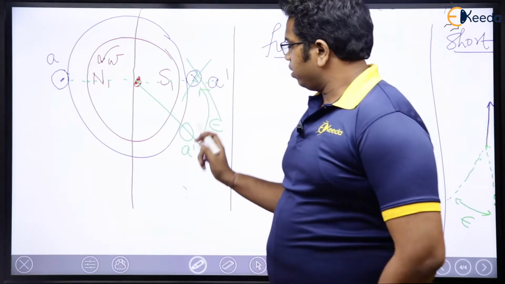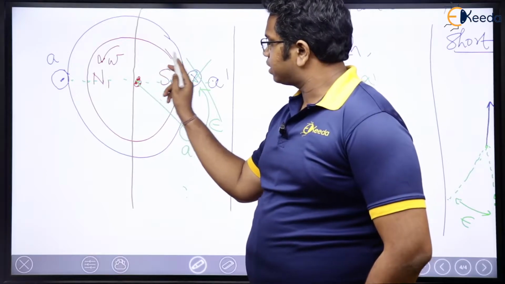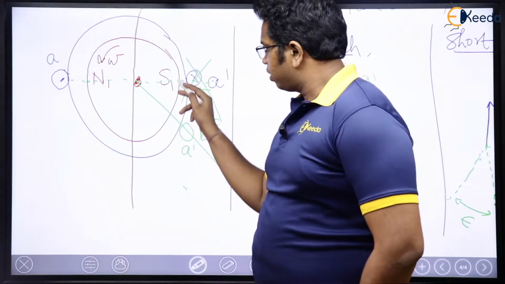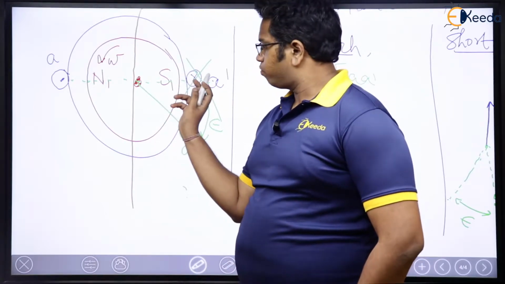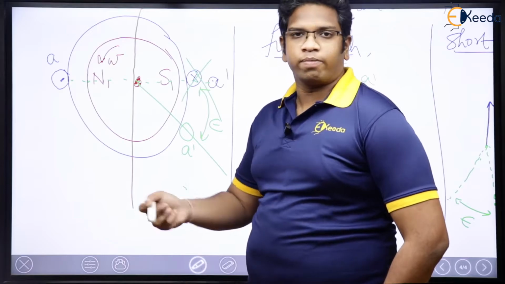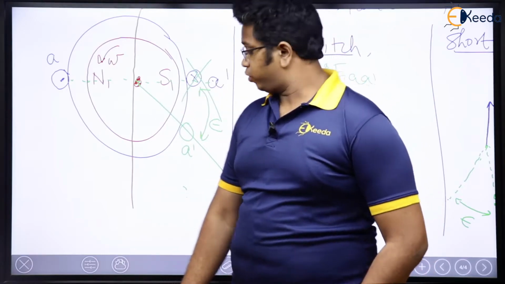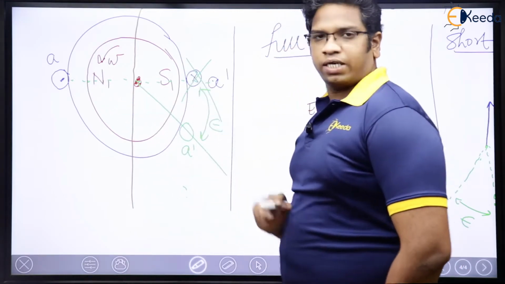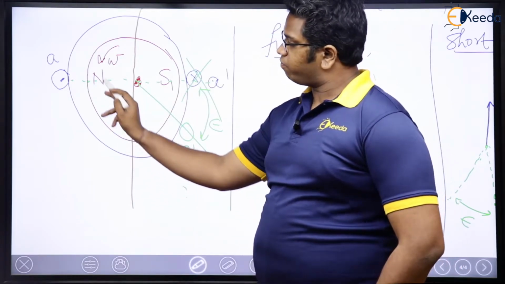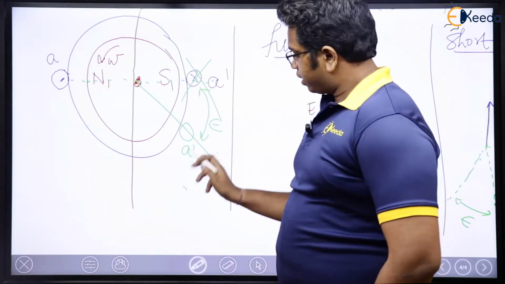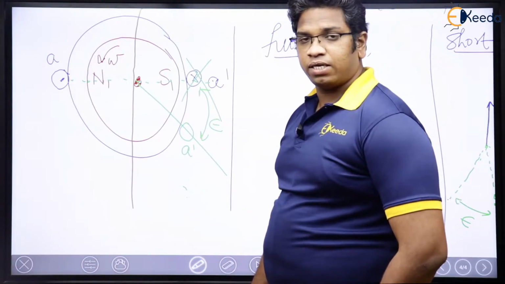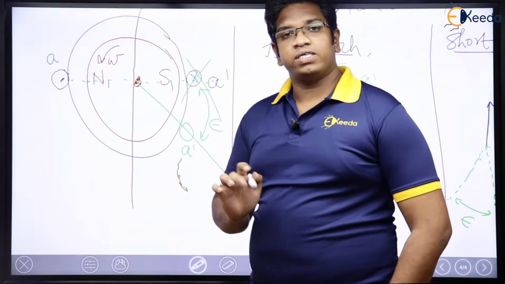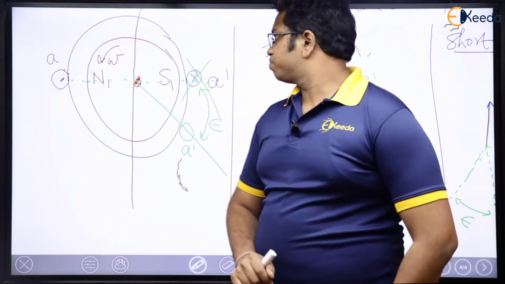Why? Because the flux density is sinusoidal, negative maximum will come in front of S1 only. So as of now, when N1 is here and S1 is here, this A dash has a voltage less than negative maximum.